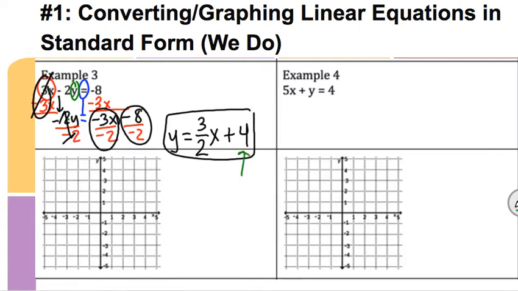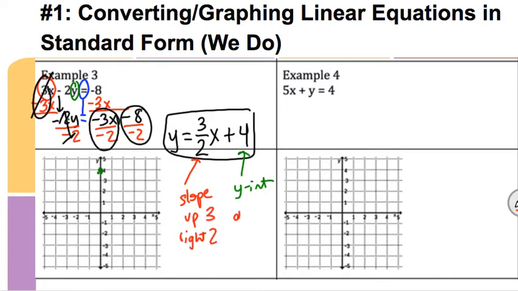Again, this is my y-intercept. Again, this is my slope. And now I can graph. So positive 4 on the y-axis. You'll notice here you can't go up 3 and to the right 2. Okay, so what's the opposite of up 3, right 2?